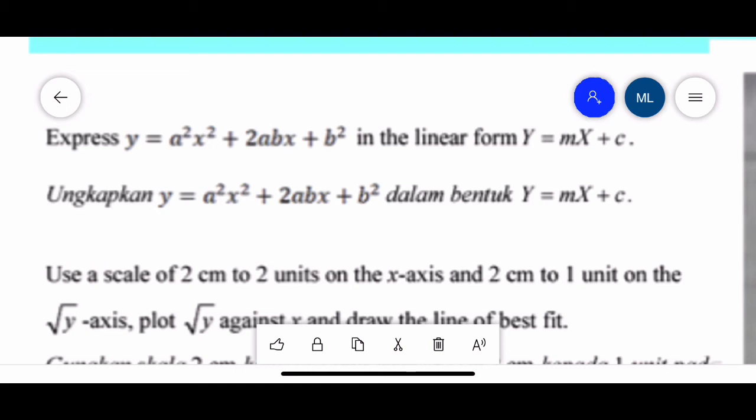M and C are the numbers that you must obtain from the graph. M is the gradient, you just need 2 points. And C is where the line cuts the y-axis, we call it the y-intercept.